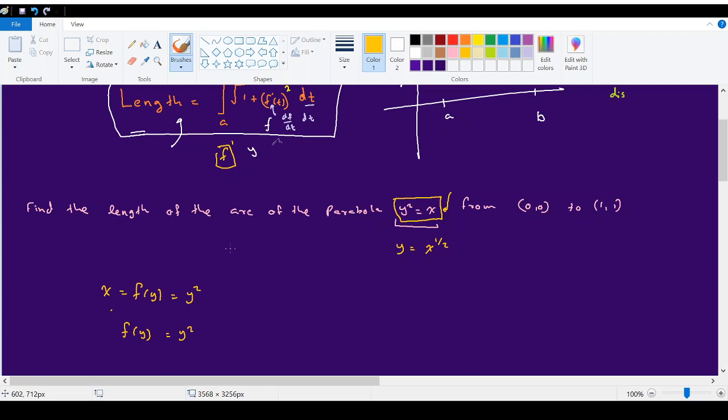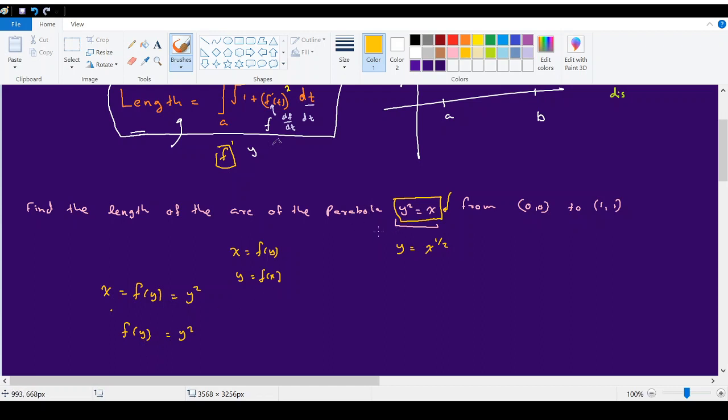It can either be x written as a function of y, or y can be written as a function of x. And remember, in the previous example we did a case where y is written as a function of x, and here we will deal with the case where x is written as a function of y.